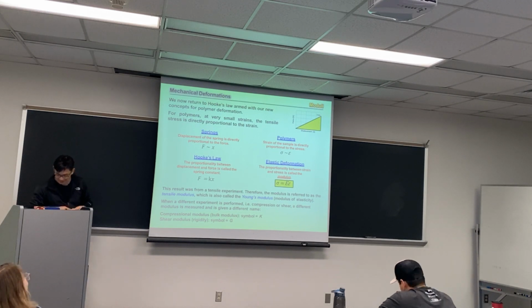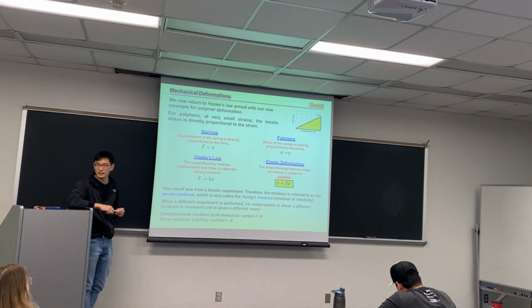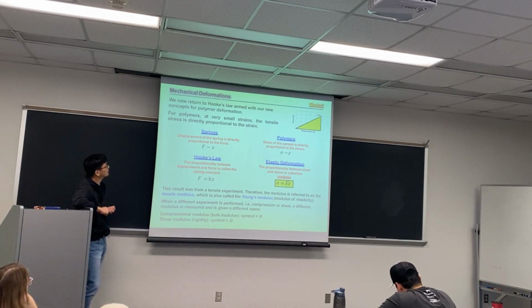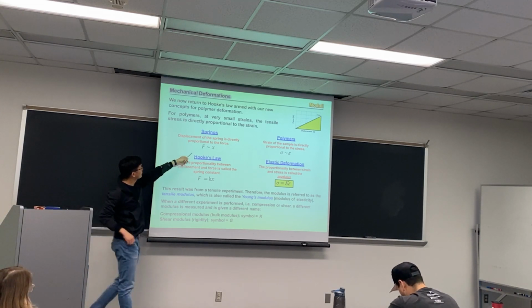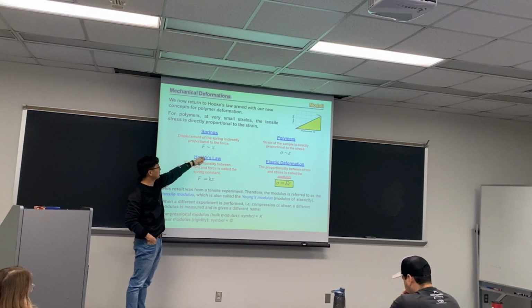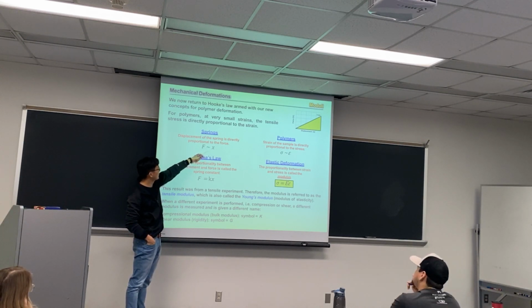All right, so now this is about mechanical deformation. In comparison with the first example we gave about a spring and how we load the spring, you would have a spring constant. If you have force F applied to the material, you have a certain deformation X, where X is displacement.